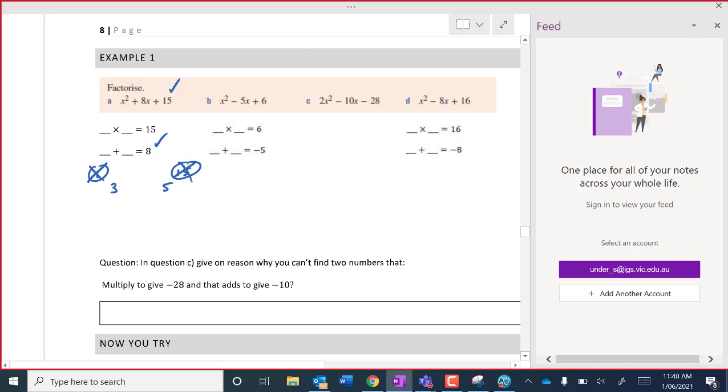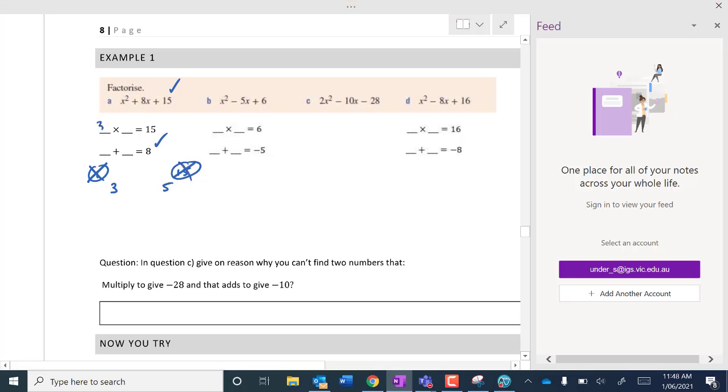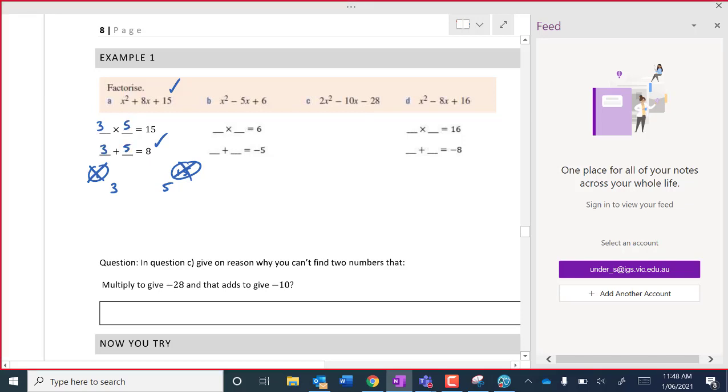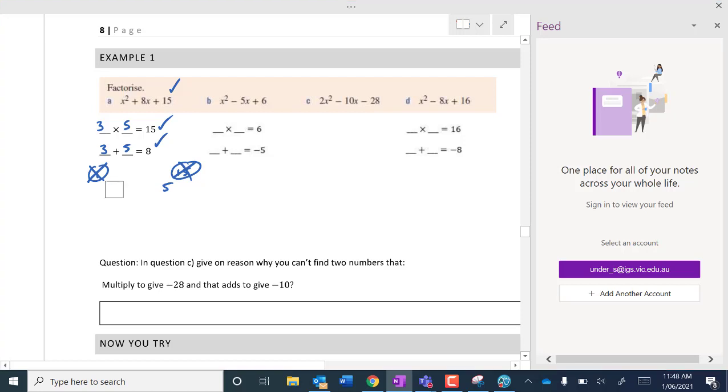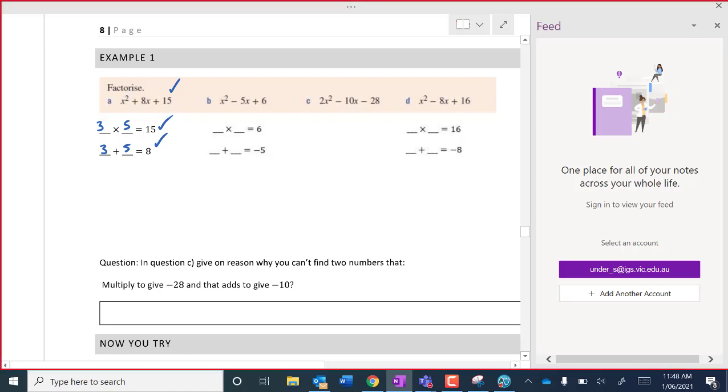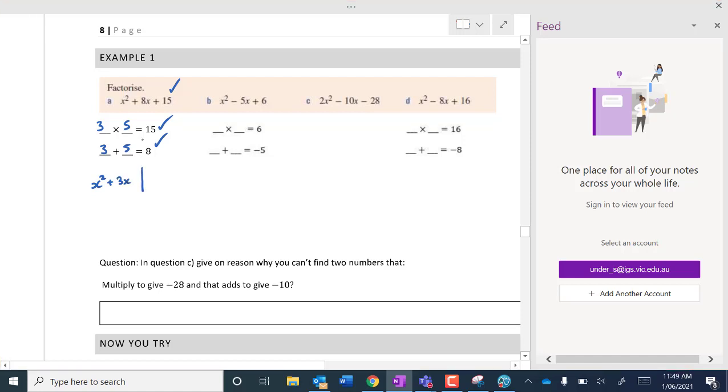So we know it's 3 and 5, and it just so happens that both of them are positive. So 3 times 5, this is quite nice. 3 plus 5 is 8. So therefore, it satisfies both. Now look, there is a shortcut, but I want to show you what is actually going on in the background. We're splitting those up into two terms.